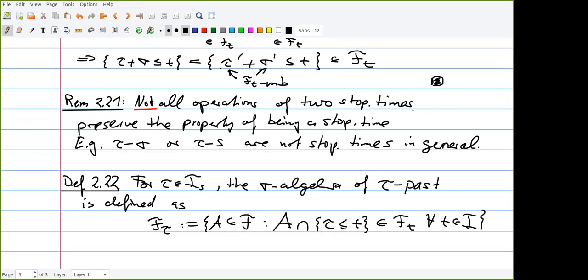And this is indeed a sigma algebra, as you are invited to show on the next problem sheet.